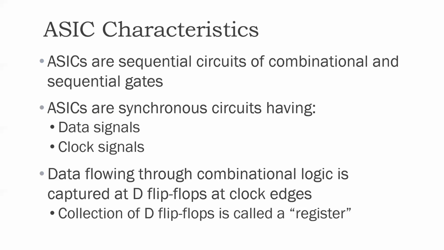So it's very important that you know what a D flip-flop is. That's the one thing that you should immediately get familiar with, because we will use D flip-flop characteristics and functionality a lot as we design ASICs. So ASICs are sequential circuits.